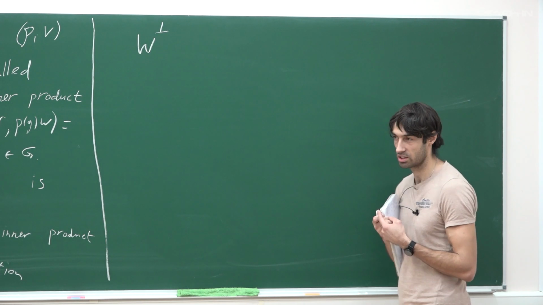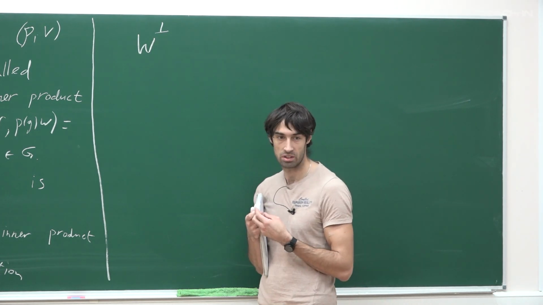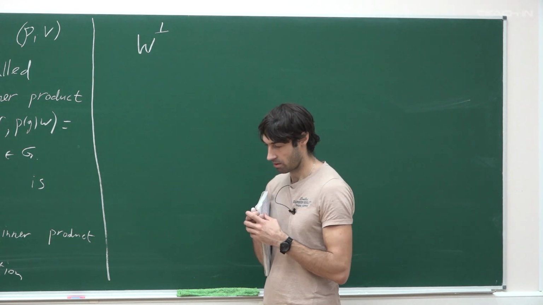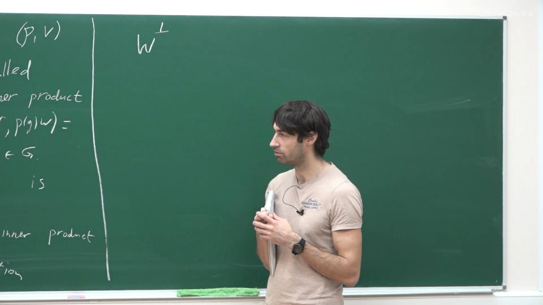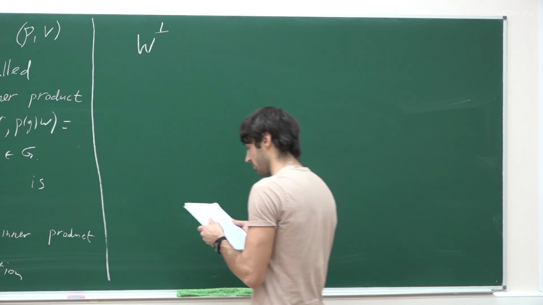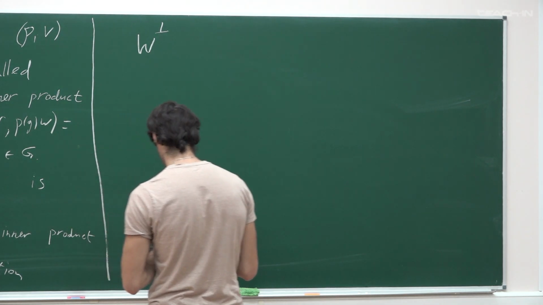If you take v and w equal to v, then v with itself gives me positive numbers if v is not 0. If it's 0, then it's 0. Just to check that we're on the same page.